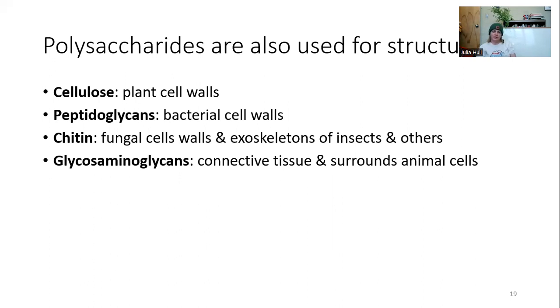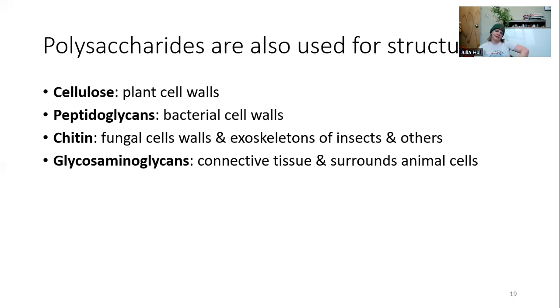Bacteria have a certain kind of polysaccharide that they use in their cell walls for protection and for structure. Fungi and insects use chitin. This is a little bit sugar, a little bit protein mashup. And that's used for protection in their cell walls and in their exoskeletons.